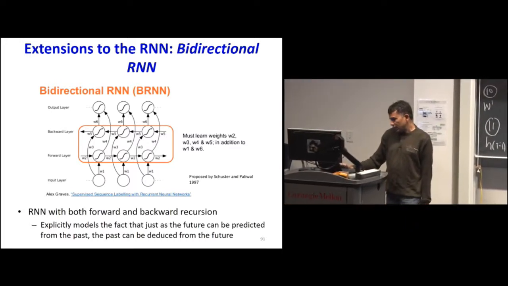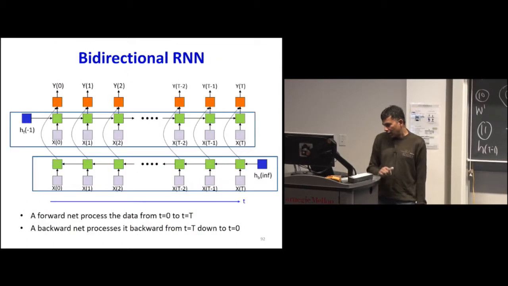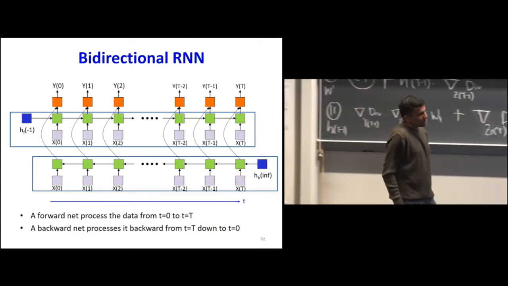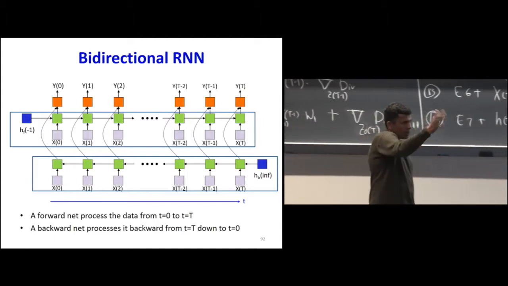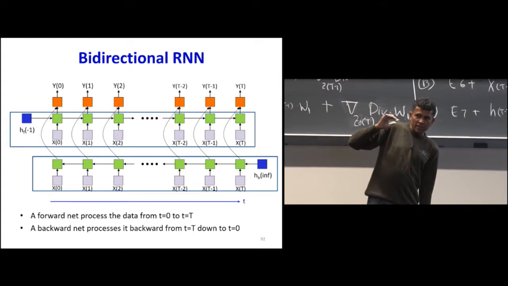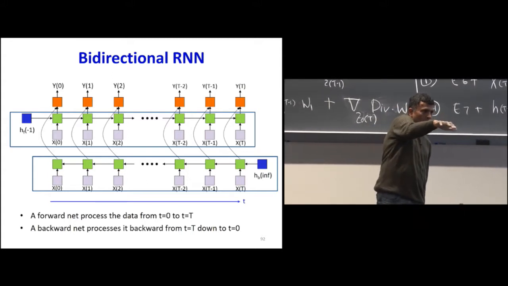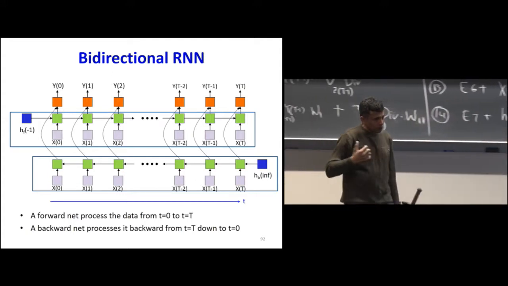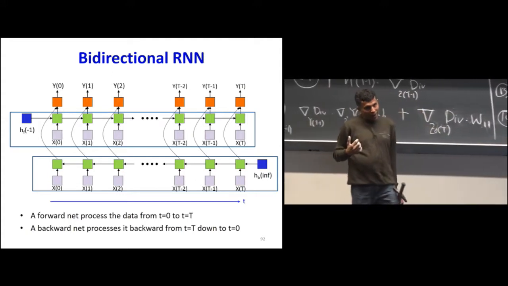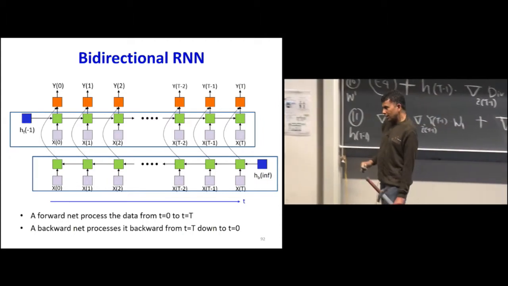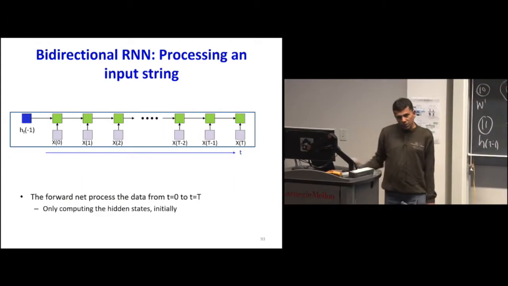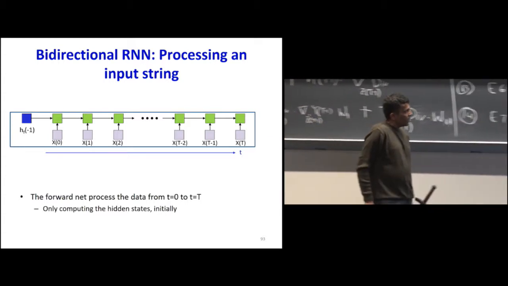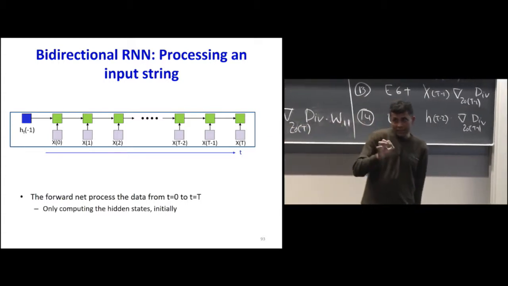So there are actually two distinct components to this network. There's a forward network, which processes inputs from 0 going forward to t. There's a backward network which processes inputs going from t back towards 0. And the way you would actually perform your predictions is that you would first pass your data forward through the network and compute all the hidden values, all the state values.